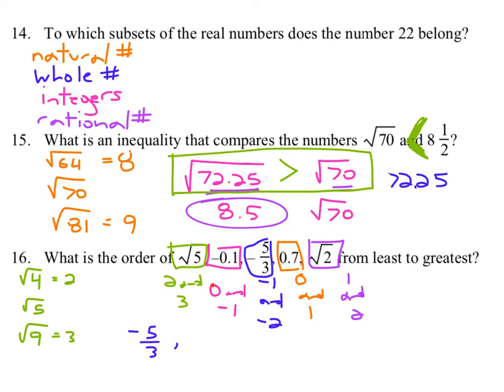Between negative 1 and 0, that's this one, negative 0.1. Between 0 and 1 is right here, 0.7.